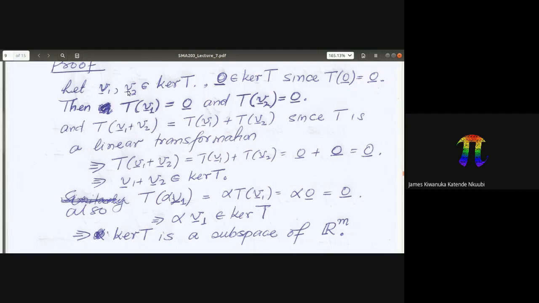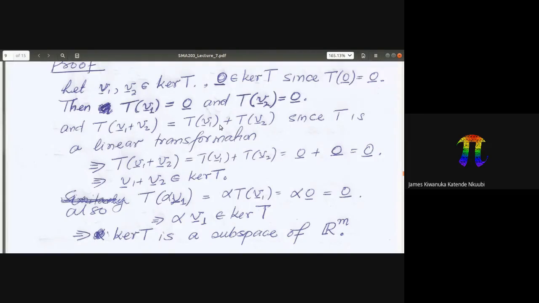So if we pick two vectors from the kernel, it means they must be mapped to 0, right? So we can check what is the image of the sum of the two vectors. If you get the image of a sum of the two vectors, we also get 0, because this is a linear map, and therefore we can split this into TV1 plus TV2. But we already know that V1 and V2 are in the kernel, so both of these are the 0 vector.